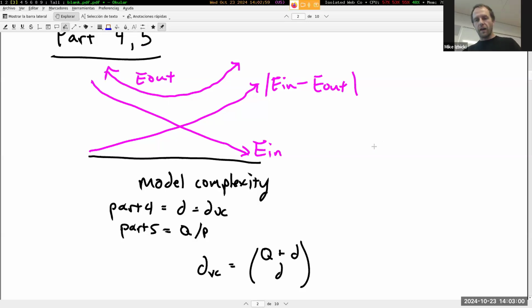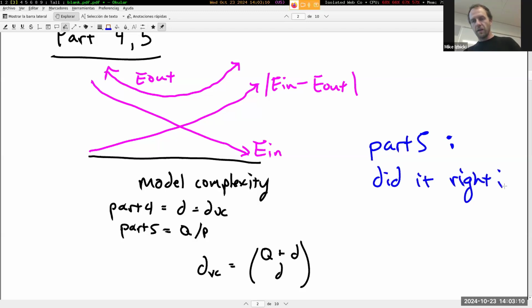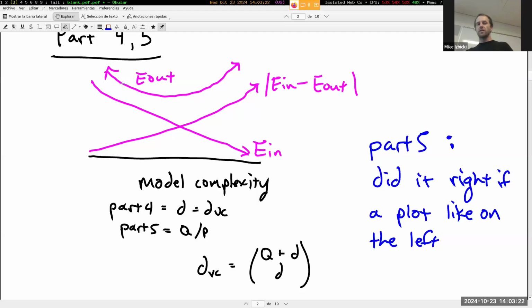So again, part 5, you know you did it right if you get a plot that looks like this, possibly, again, a little bit unbalanced with the U not being a perfect U shape, but one side being higher than the other.